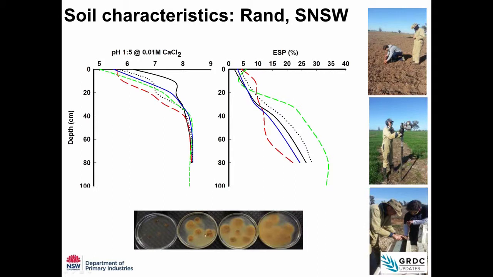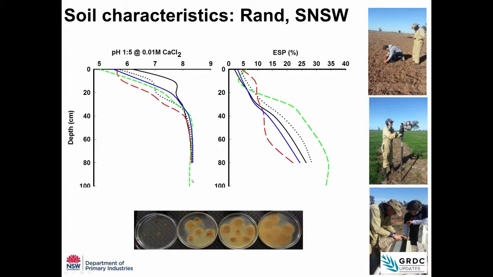You put some aggregates in the Petri dish, and if that cloudy pattern of clay dispersion is observed, you can confirm your soil is dispersive. And these Petri dishes are from different depths, so the topsoil is not sodic, not dispersive, and the sodicity and dispersion increase by depth from left to right, as you can see.